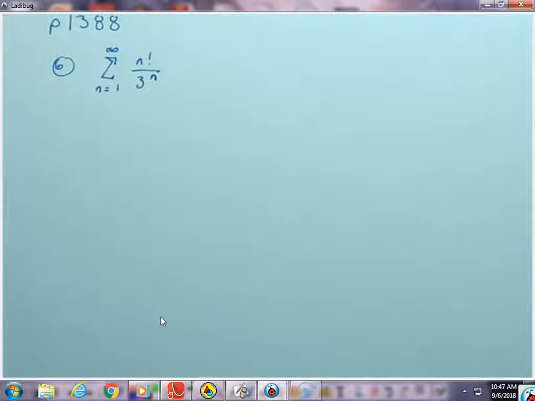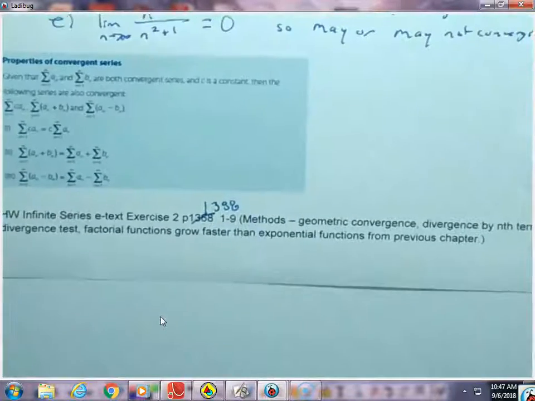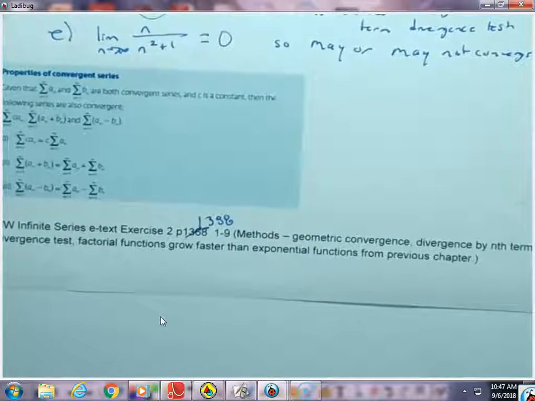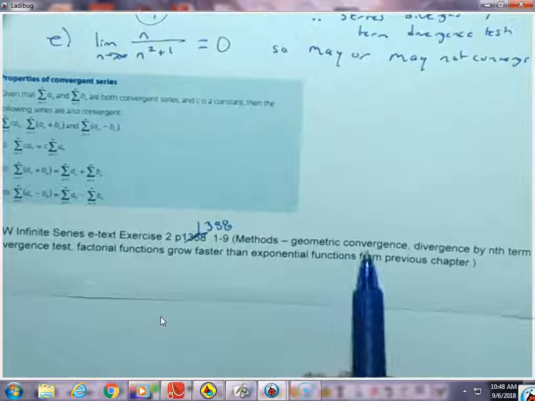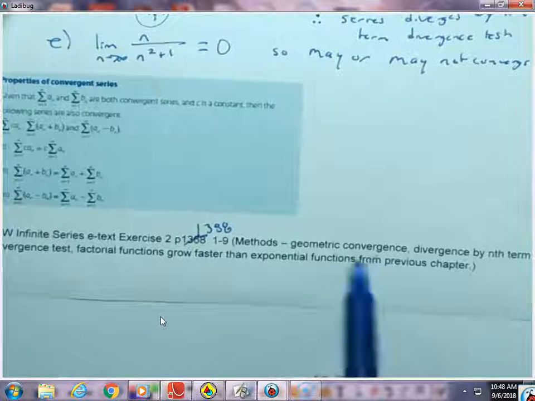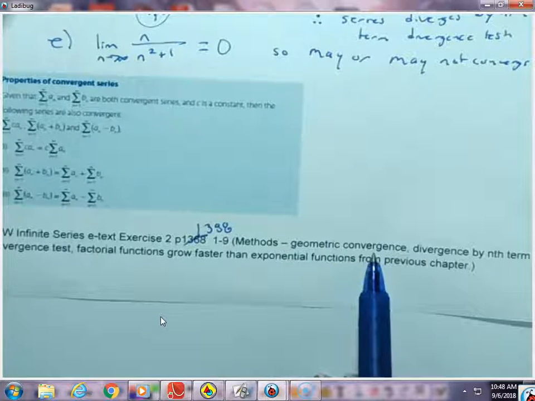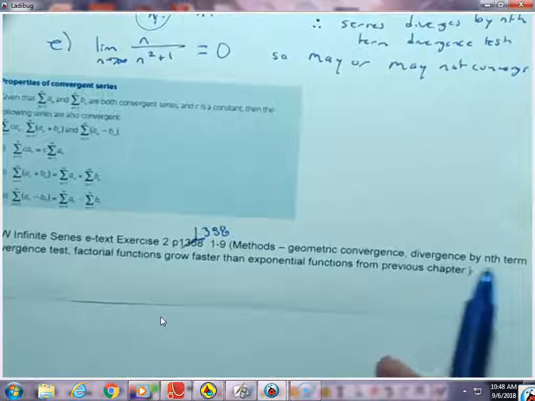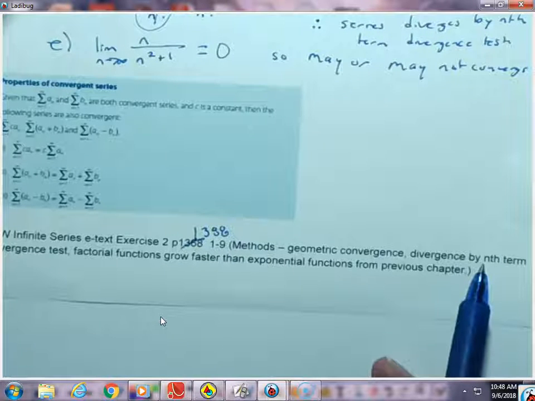Okay, so this is number 6 from your homework, and it asks you to figure out whether this converges or diverges. And if you'll remember, I gave you a few hints on here. I said you only know a couple of things. If it's a geometric series, you can figure out if it converges or not. This is off your notes. You can figure out divergence by the nth term divergence test.